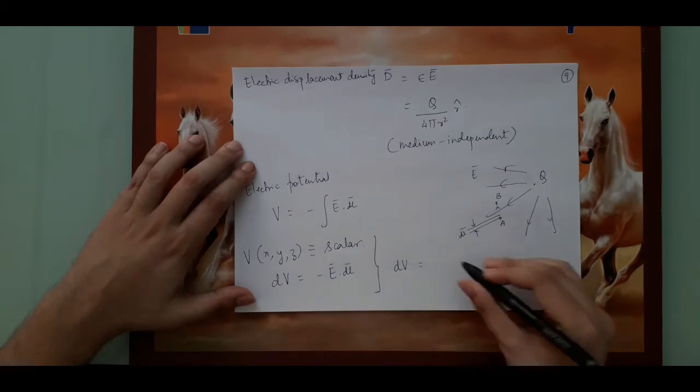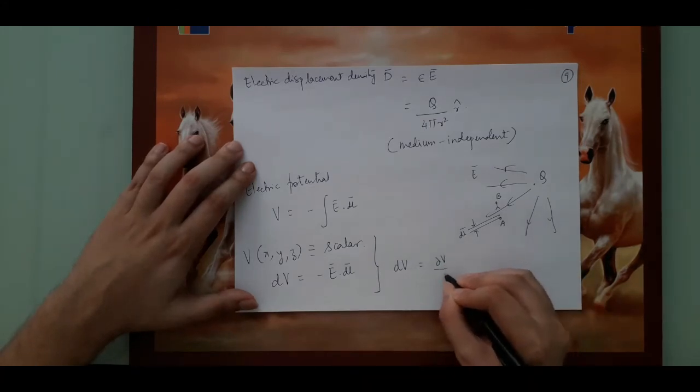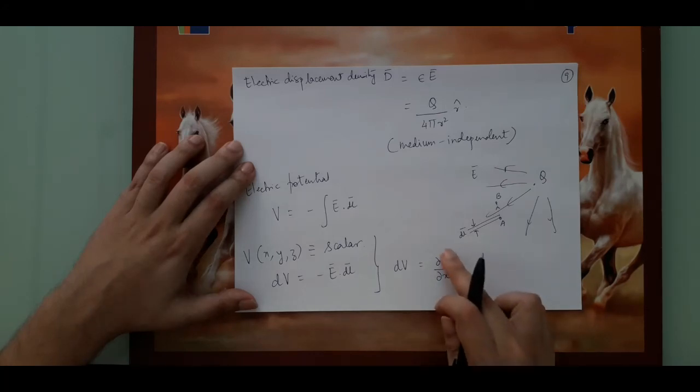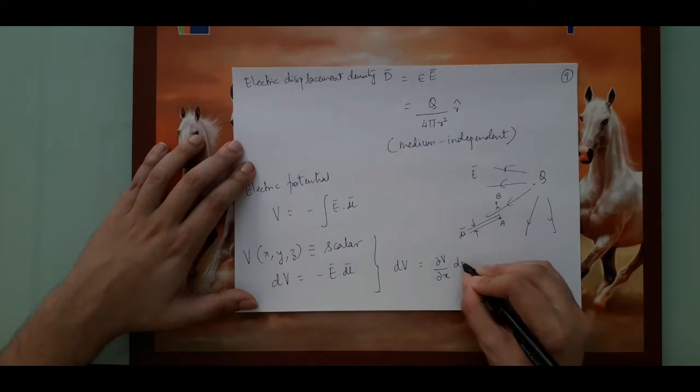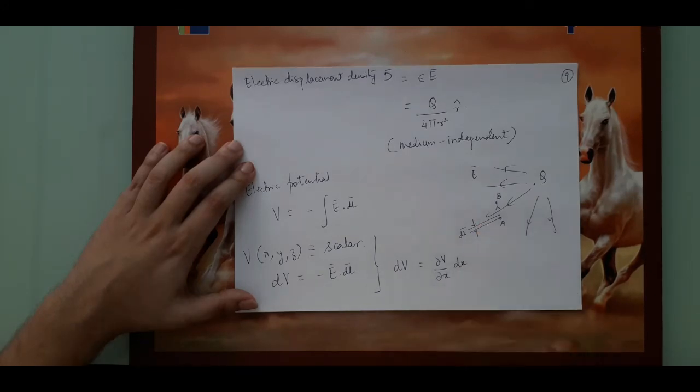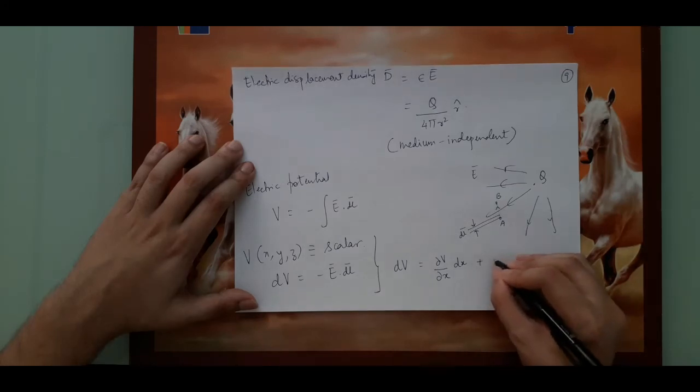So for the x component of dV, it is nothing but del V by del x. But then this does not remain potential anymore. It becomes the potential per unit length. So I need to multiply this with the length element dx. I can do the same for the remaining two axes also.